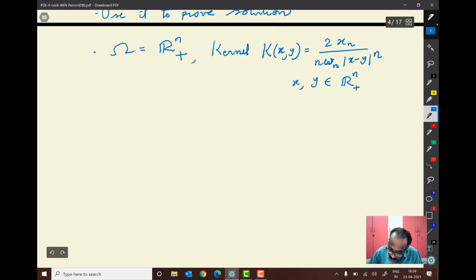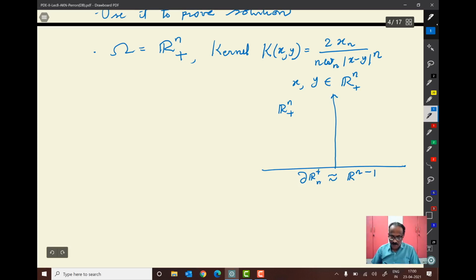So you see, this is your Rn plus. This is your domain Rn plus, and this is your domain boundary, the boundary of Rn plus, which of course can be identified with Rn minus 1.